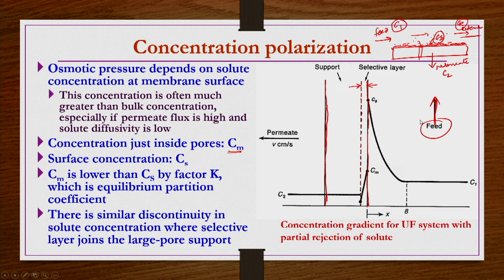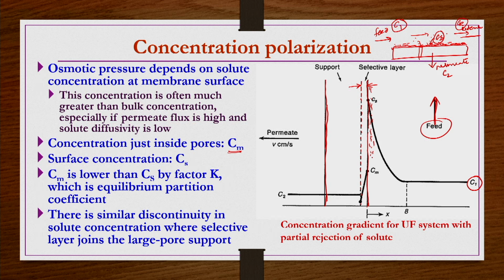The feed solution is flowing along the surface like this, because it is cross flow filtration, not dead end filtration. The solute concentration in the feed, that is in the bulk solution, is C1. But as the process moves on, particles will be deposited on the surface of the membrane.